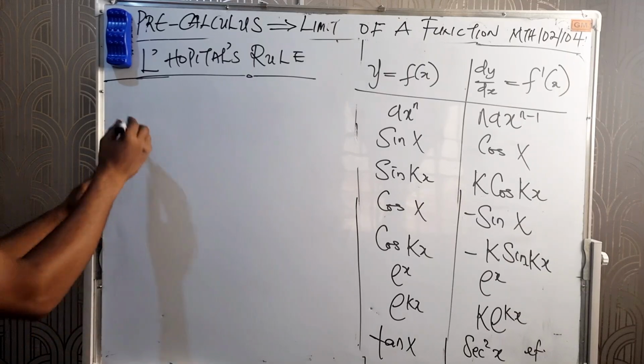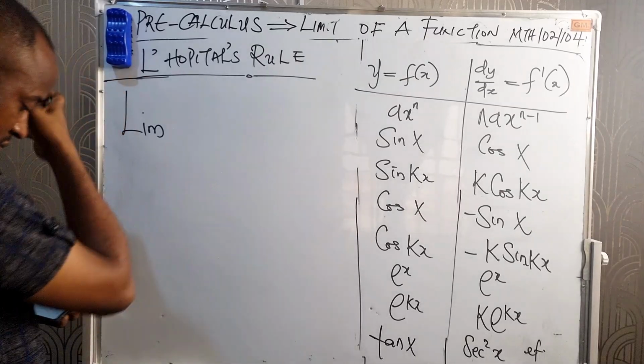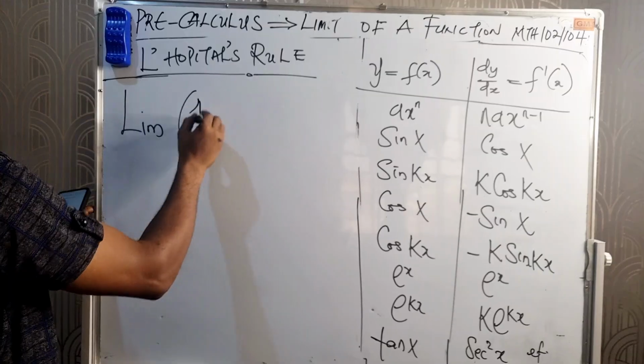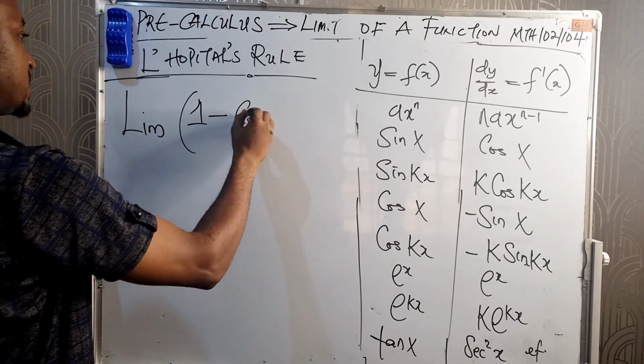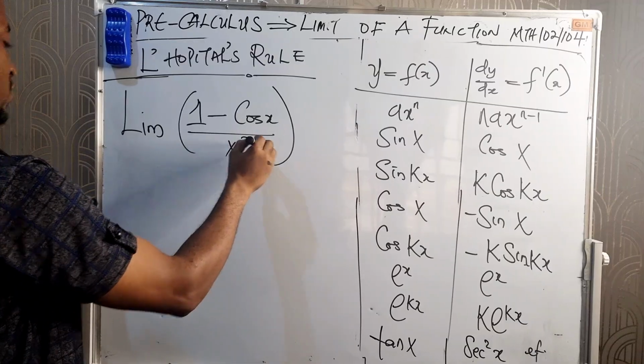If we have the limit, evaluate this: one minus cos x divided by x squared.